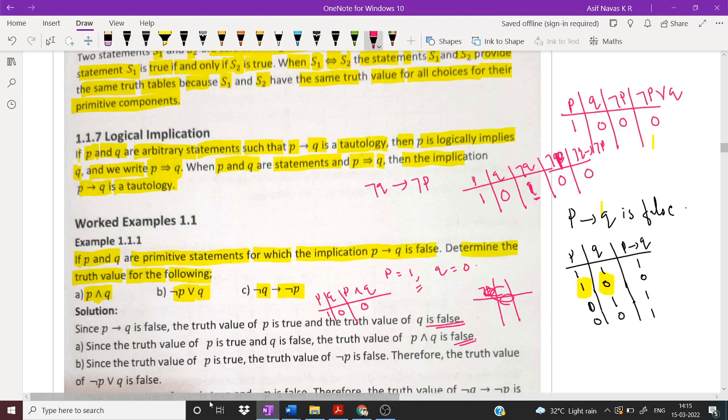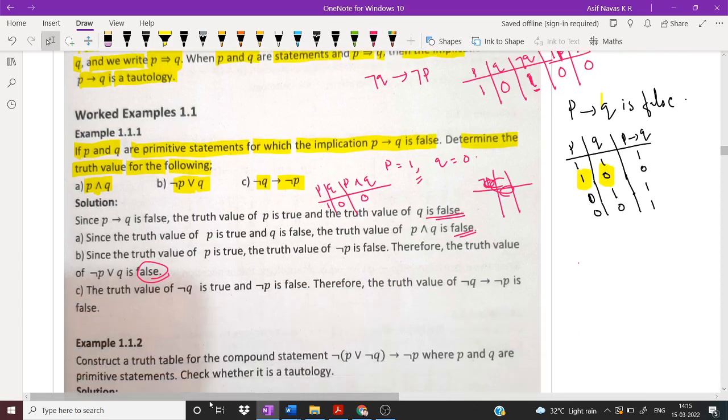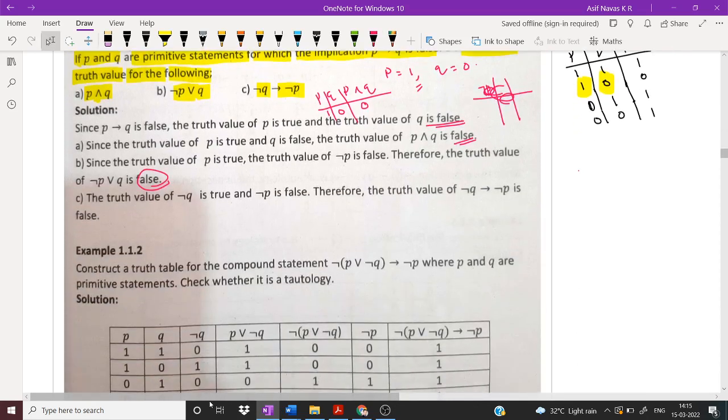So this truth value is also false. So that is it. Similarly, we can do other problems.